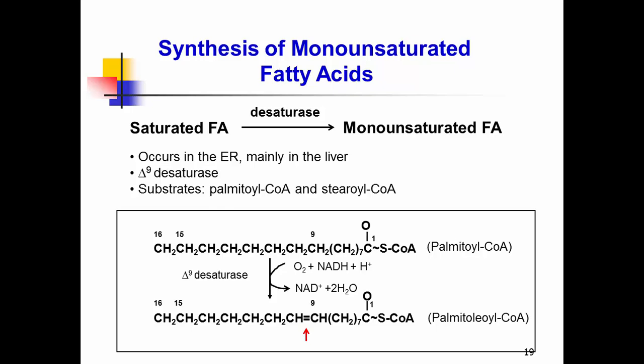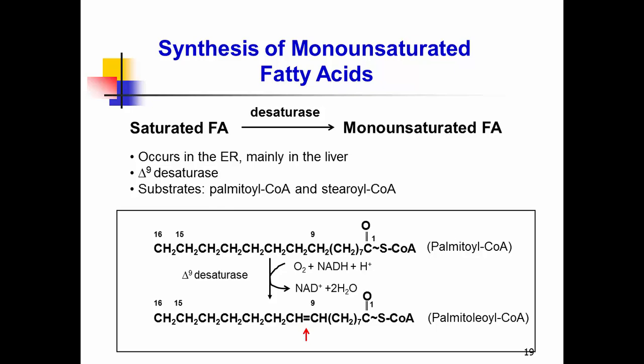Monounsaturated fatty acids only have one double bond, right? And delta 9 desaturase is a very common enzyme present in the body. The reaction catalyzes the formation of a double bond at the 9 carbon position.